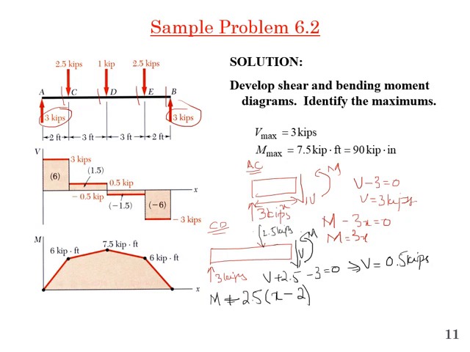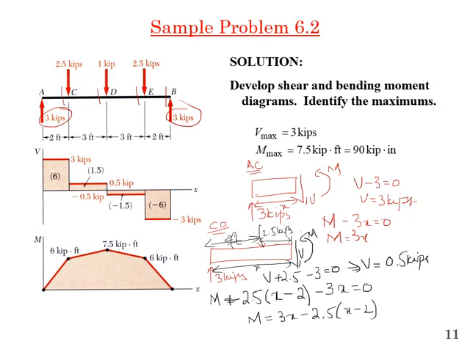So this distance is 2 feet, and I'm taking this whole distance as x, so this distance will become x minus 2, minus 3 times x is equal to 0, and M will be equal to 3x minus 2.5(x minus 2).